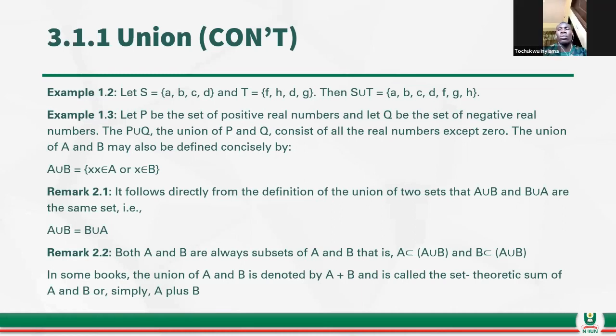It means they are commutative. 2 times 4 is 8. 4 times 2 is 8. It is still commutative under multiplication.